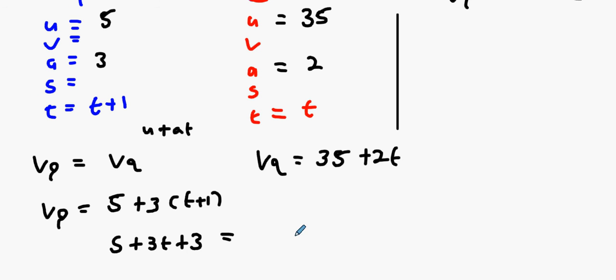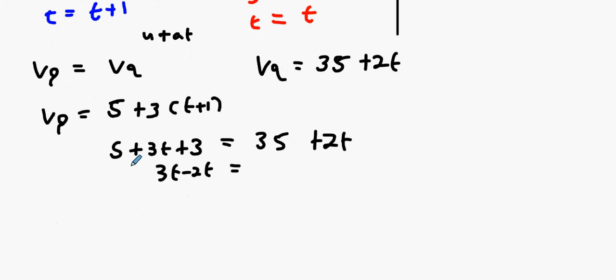And that has to equal 35 plus 2T. 3T take away 2T equals 35, what's that? An 8, so minus 8. T equals 27. If somebody used a different method, you might have T equals 28.